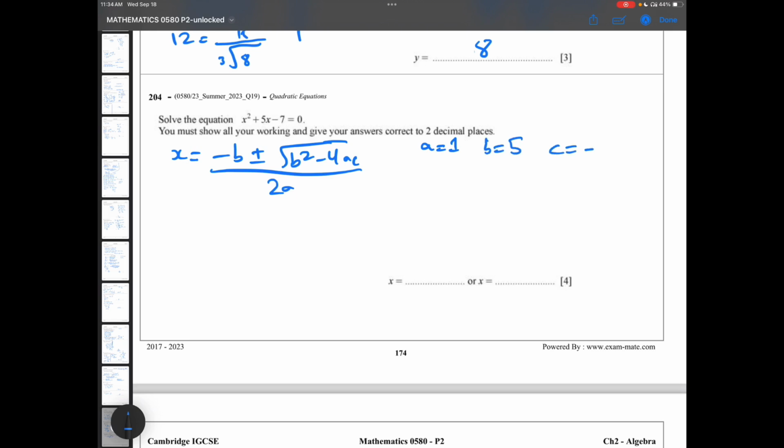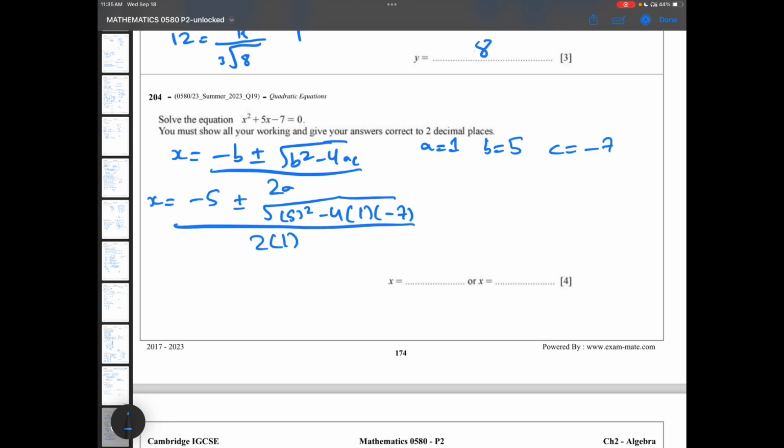And c is the constant term, that is minus 7. So let's place these values in the formula. x is equal to b is 5, becomes minus 5, plus minus square root of b square, 5 square, minus 4, in place of a 1, in place of c minus 7, upon 2 into a is 1.